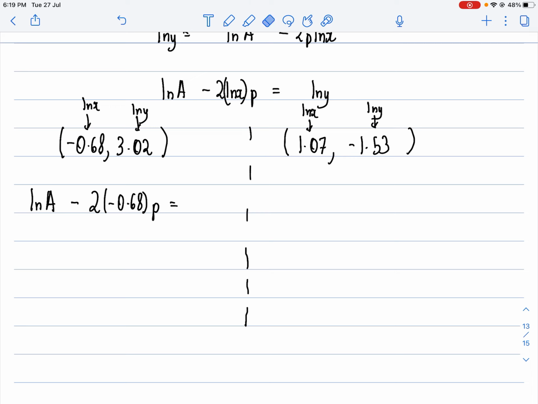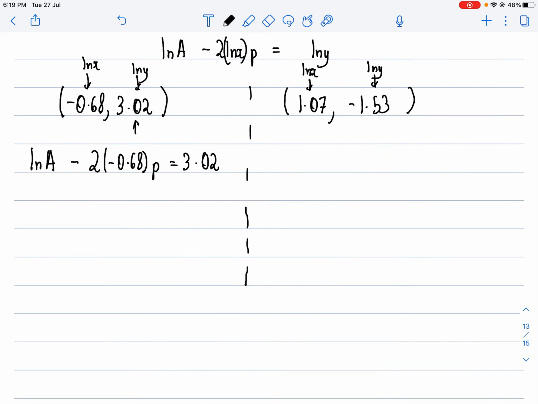I know ln y here is 3.02. This is the full ln y. So now on the calc, I can do minus 2 multiplied by minus 0.68, which is simply 1.36. So I can write this as ln a plus 1.36p, which is equal to 3.02. Correct? This is how I can simply write it.